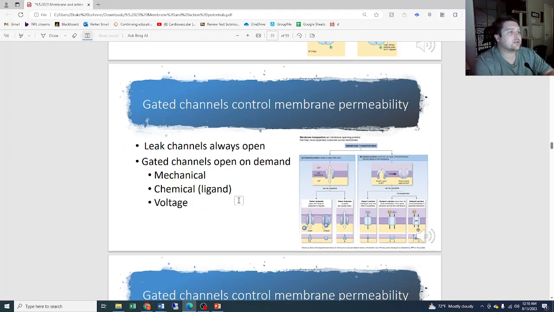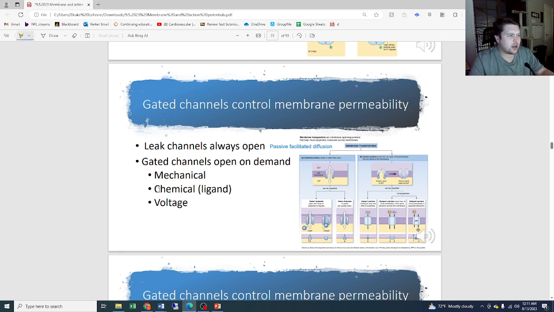So gated channels control membrane permeability. The leaky channels are always open, and because those are always open and there's no energy involved, this is going to be our passive facilitated diffusion, right? And then the gated channels open on demand, depending on the situation. We have mechanical, chemical, and voltage.